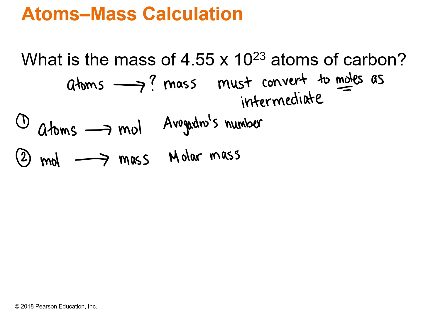So let's start throwing some numbers out there. We need to put some unit factors together so that we can write this equation together. So for the first one, we're using Avogadro's number. And we're trying to go from atoms to moles. So should I put my atoms on top or on the bottom?